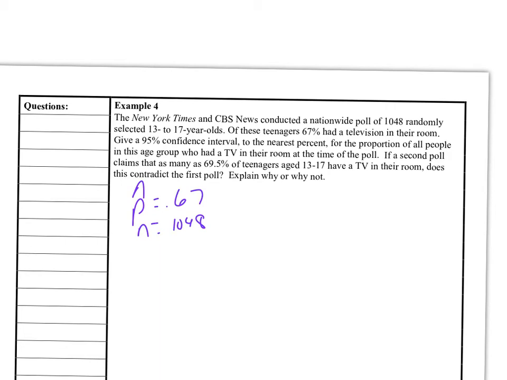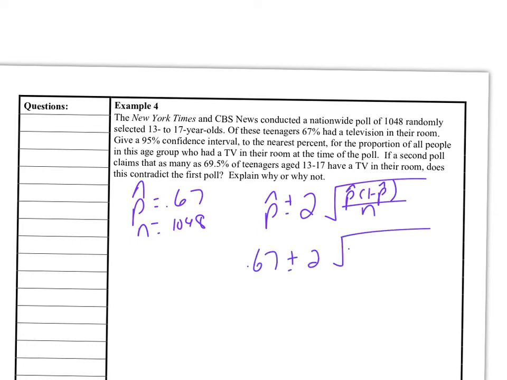All right, so our formula again: p hat plus or minus 2 times the square root of p hat times 1 minus p hat, all over n. So 0.67, plus or minus 2 times the square root of 0.67. I'm going to write it as 1 minus 0.67, even though you totally could write that as 0.33.